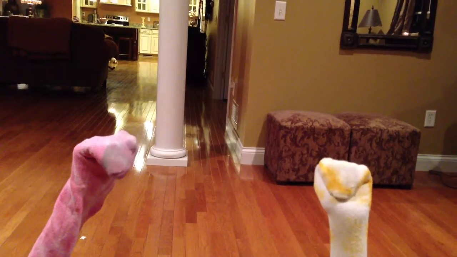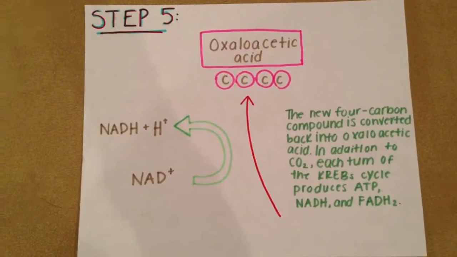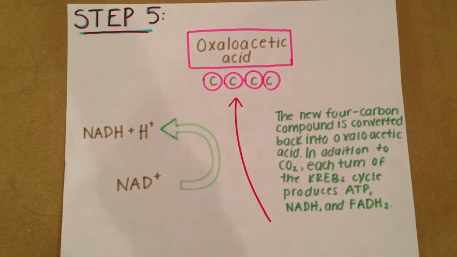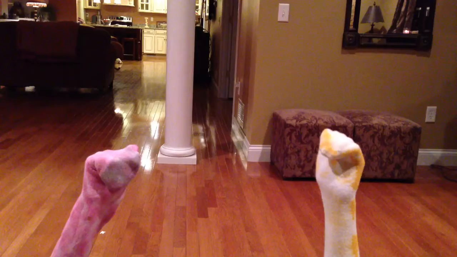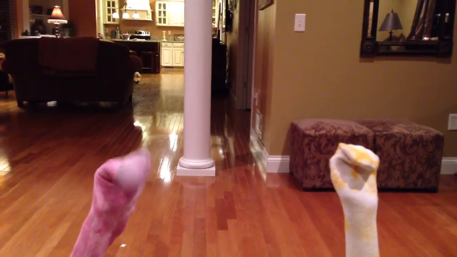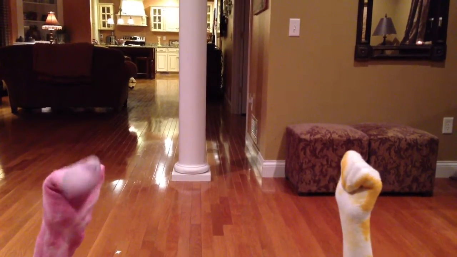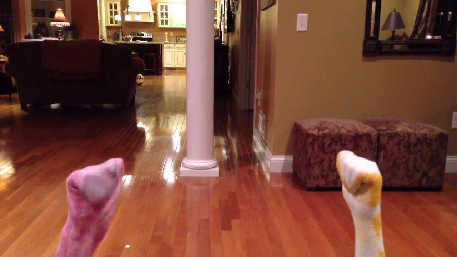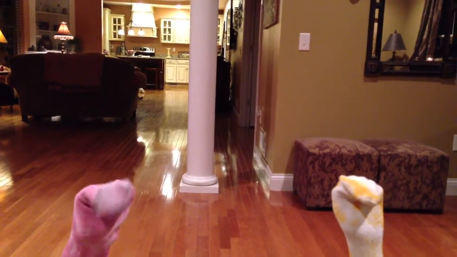In addition to carbon dioxide, each turn of the Krebs cycle produces ATP, NADH, and FADH2. The following equation is the equation in which oxygen forms water, chemiosmosis synthesizes the ATP, and oxygen accepts the protons that were once part of the hydrogen atom supplied by the NADH and FADH2.